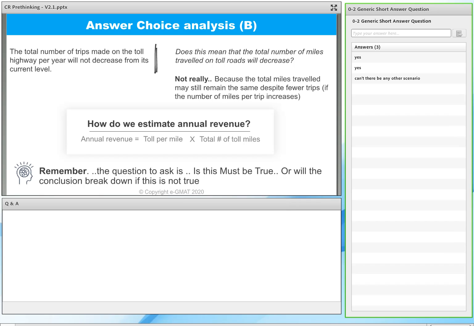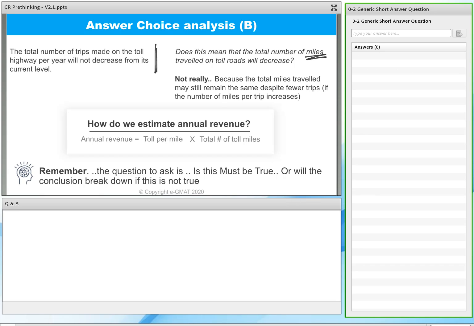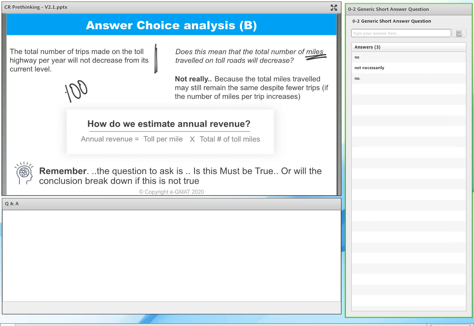Okay. Now, if the total number of trips decreases, does that mean that the total miles will go down? Does it definitely mean that the total number of miles driven on the toll highway will go down? Not necessarily. Why? Because let's say last year we had 1,000 trips. Now this year we get to 900 trips. Does it mean that we'll travel fewer miles? No, not really. Why?